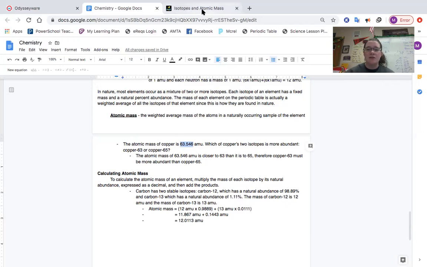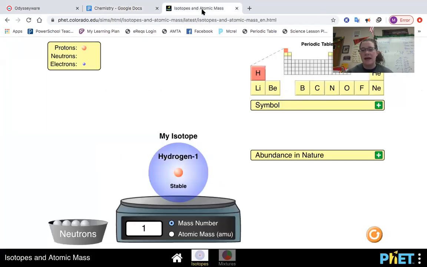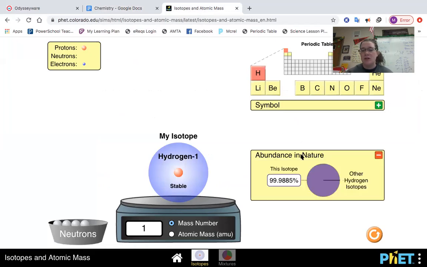And so just going back here and looking at our isotopes, again, these are studied in nature. And so again, we know how often we usually find these. We're looking at hydrogen right now. Hydrogen with one proton and no neutrons, which is hydrogen 1, occurs in nature 99.9885% of the time.